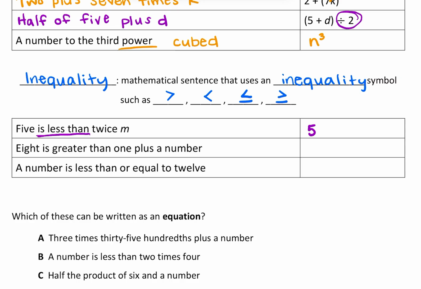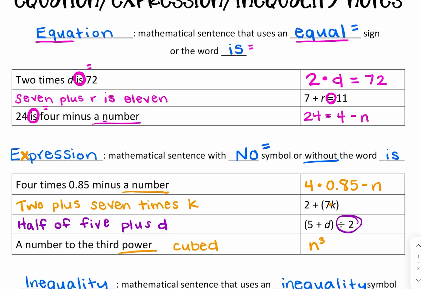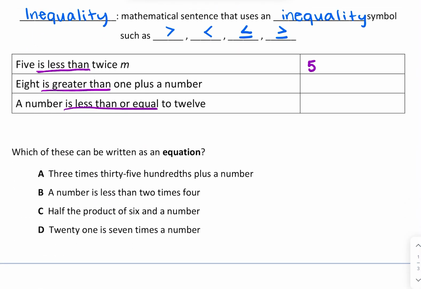So if your is says is less than, is greater than, is less than or equal, notice up here, all of my is had a number right after it. So those are equals. These is have greater than, less than, all that after them. So 5 is less than twice m. Twice means we're multiplying by how many? 2. So m times 2.